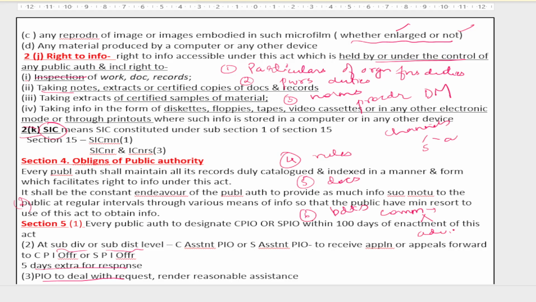So if the organization has constituted certain boards or committees for the purpose of advising the organization, then the details relating to these boards and committees need to be published. And also whether the meetings of these boards and committees are open to the public or not needs to be disclosed. Also, if the boards or committees are conducting any meetings, then the minutes of the meetings need to be disclosed.